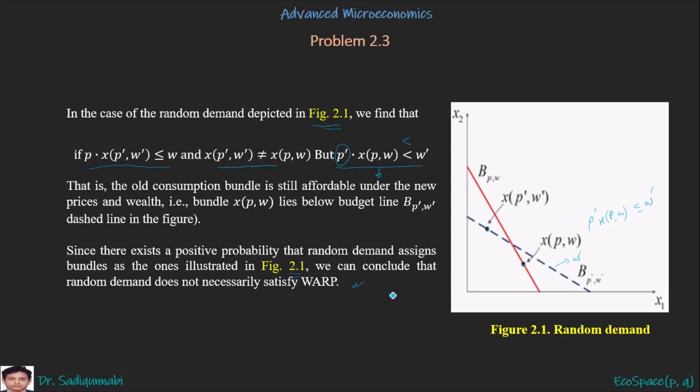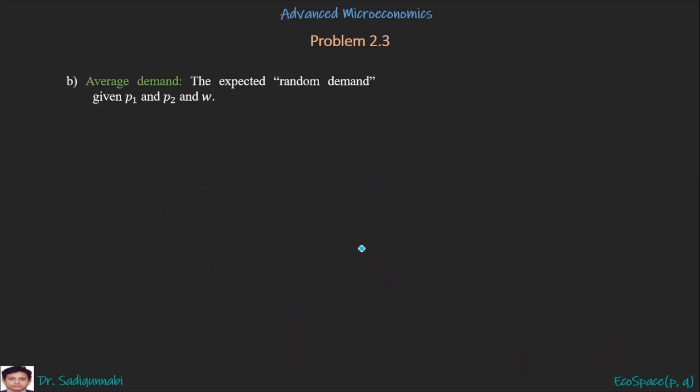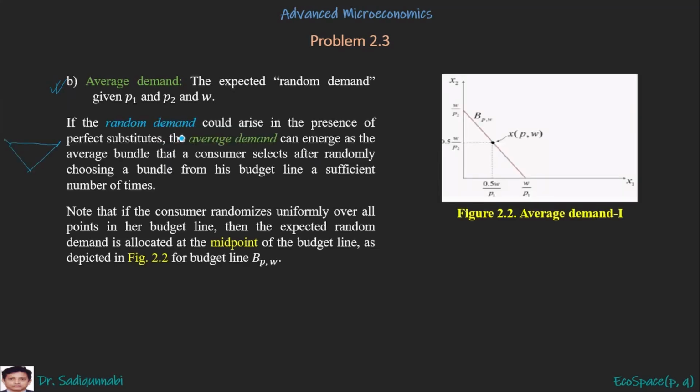Now let's take 2.3b, average demand. So what is average demand? It is nothing but the expected random demand, given P1, P2 and W. We saw that random demand arises in the presence of perfect substitutes.